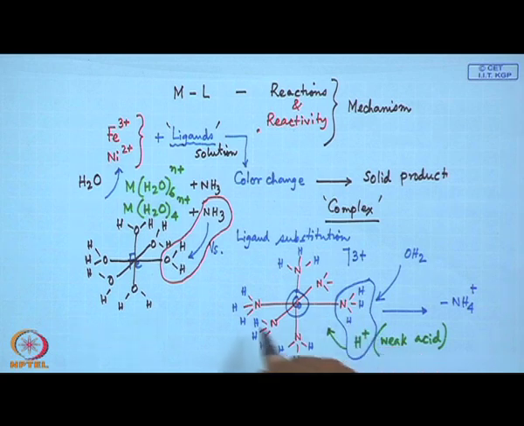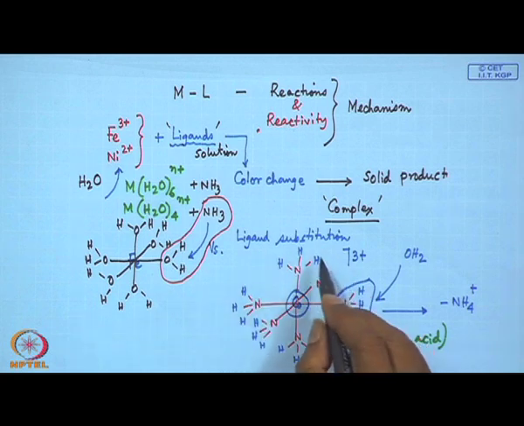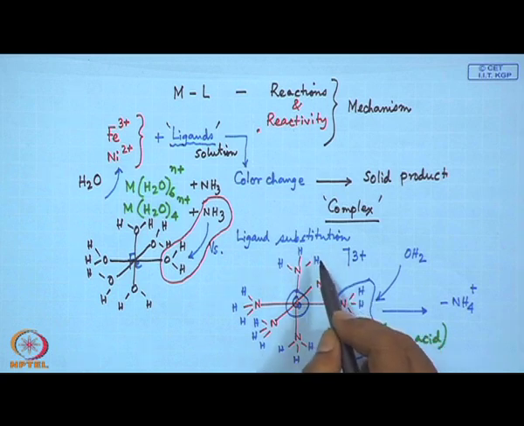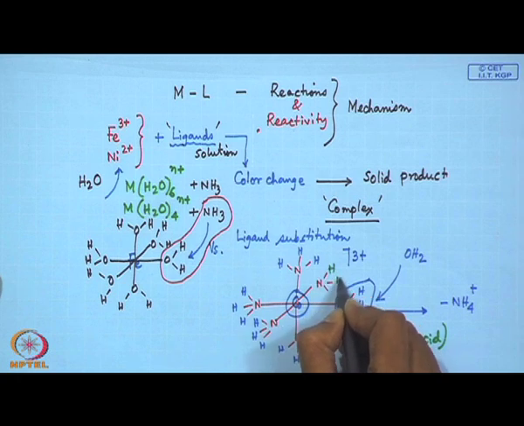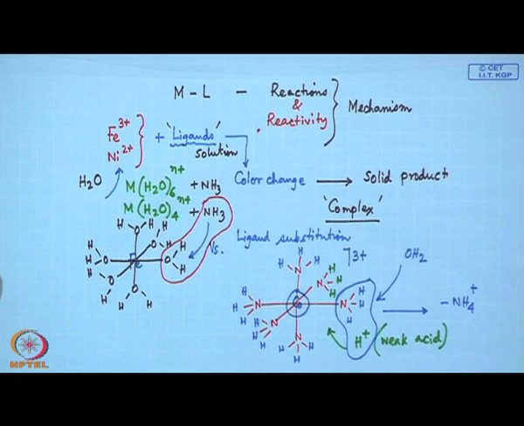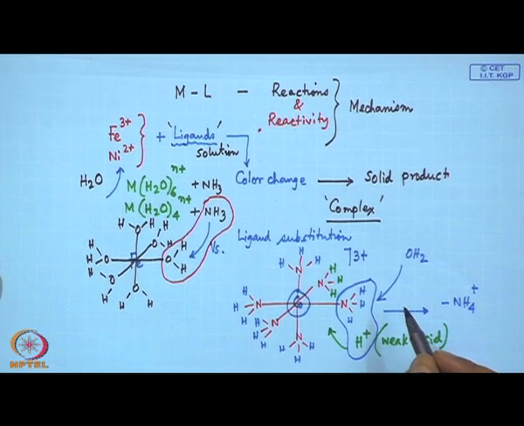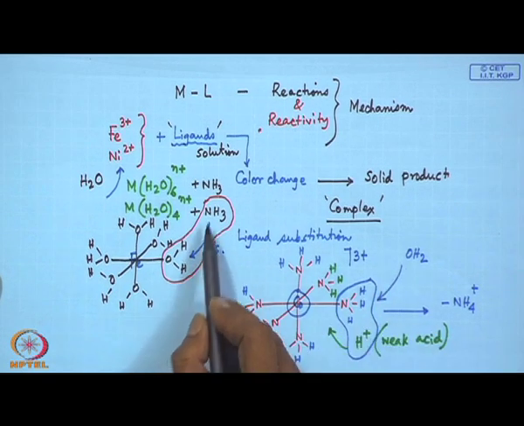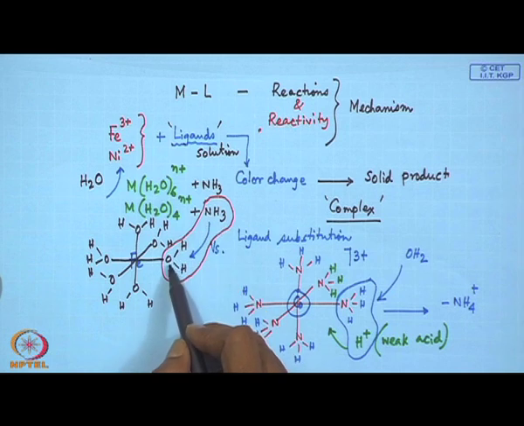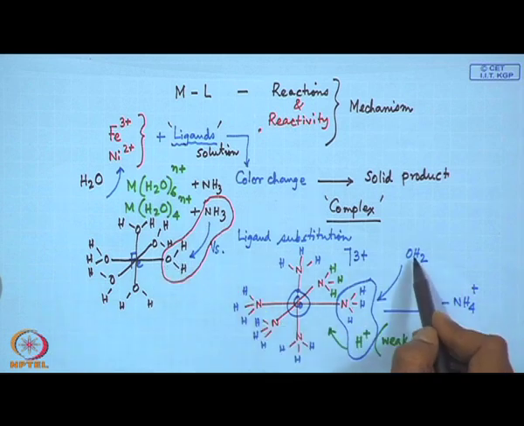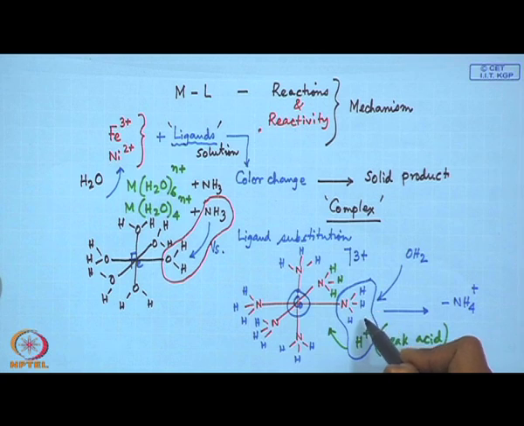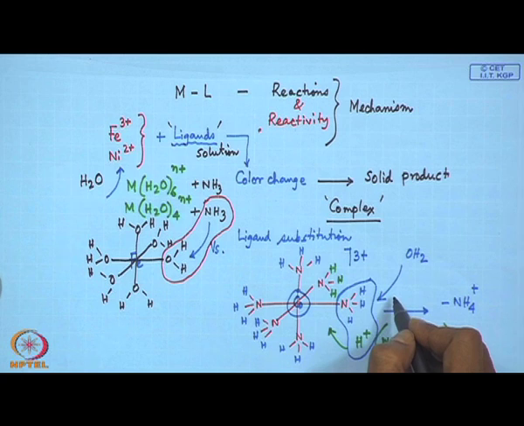It is not that if you simply do this reaction, the entire reaction, and go for the corresponding isolated hexaamine cobalt 3 compound and simply dissolve it in water, what should we expect? We expect that if there is direct substitution of this ammonia group by the water molecules, then ammonia groups can also be replaced by these water molecules.